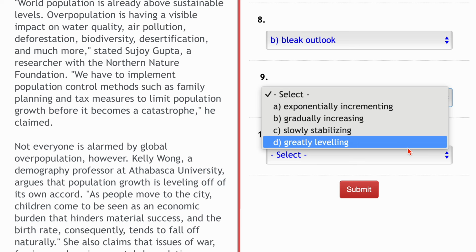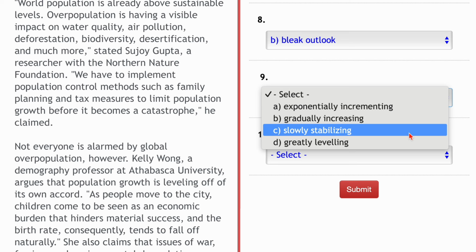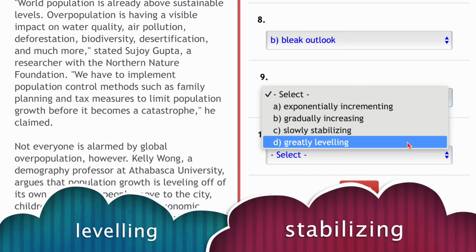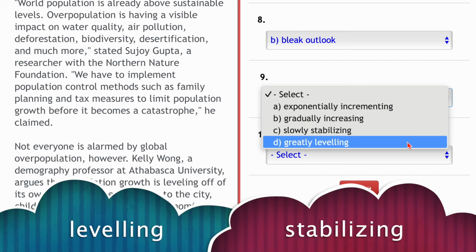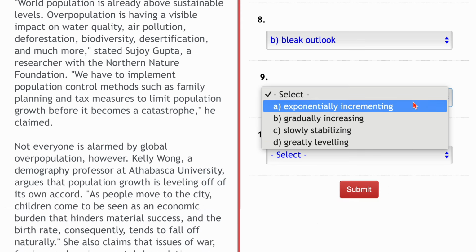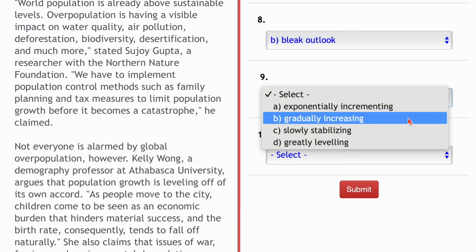So according to Farsi's research, it's not slowly stabilizing because it's not stabilizing, it's increasing. And also not leveling. Leveling almost means like stabilizing, reaching a flat point, okay? So exponentially incrementing or gradually increasing?